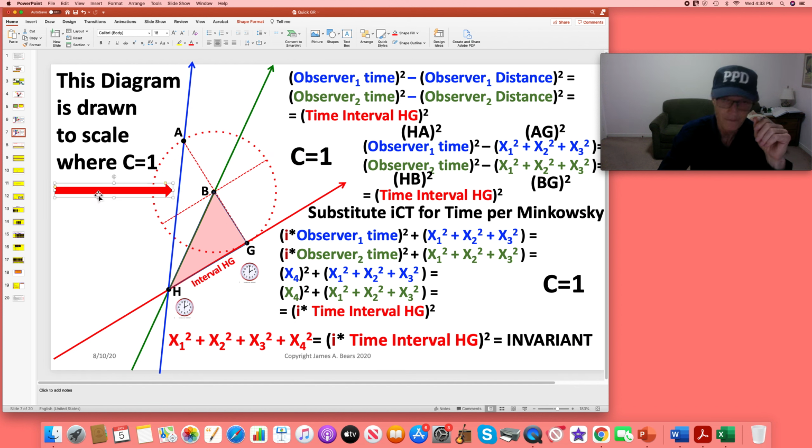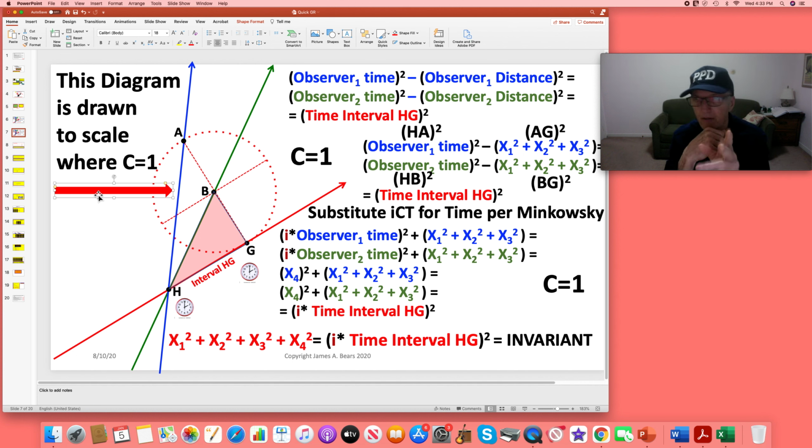Now, enter Minkowski. Hermann Minkowski, I think it was Einstein's teacher, and later became his co-worker. And he convinced Einstein. Einstein rebelled at this at first. He didn't want to substitute ICT for T. And I think CT you have to do, because you don't get this nice geometry otherwise.